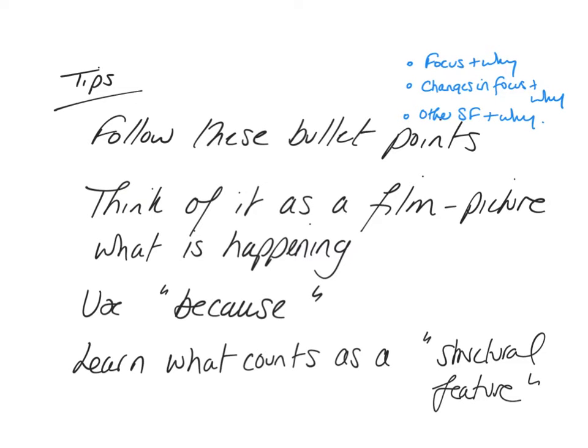It can help you to think of it as a film. Picture what's happening. It'll make sure that you really understand what's going on in the extract if you can try and visualise it. The film technique is useful because if you think of a film, if you get a close-up on something, you know that your director wants you to take notice of it.